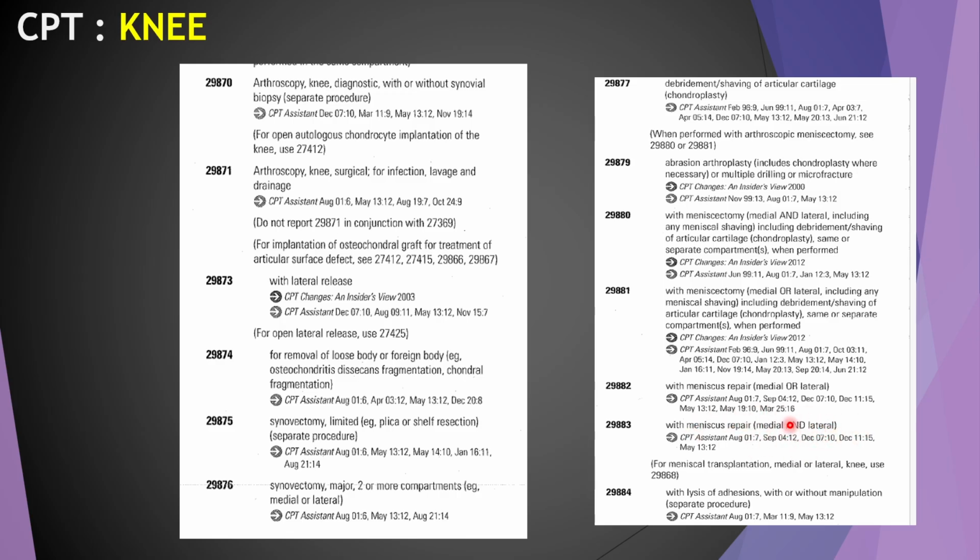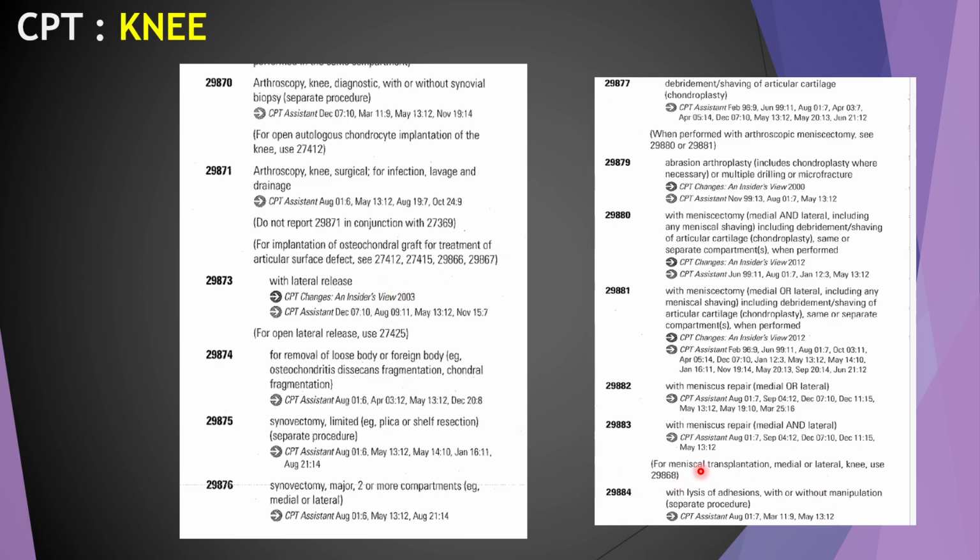Medial and lateral means both compartments have been repaired, and medial or lateral means only a single compartment has been repaired. Okay, for meniscus transplantation, medial or lateral, we use 29866. 29884 is with lysis of adhesion, arthroscopic knee surgical with lysis of adhesion, with or without manipulation, single procedure.